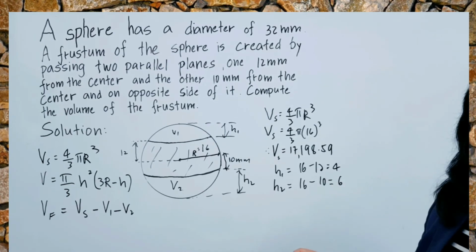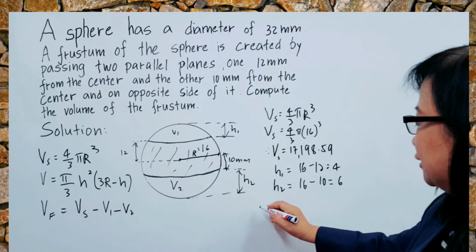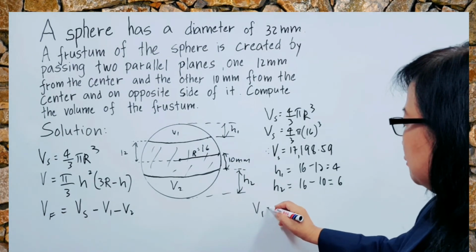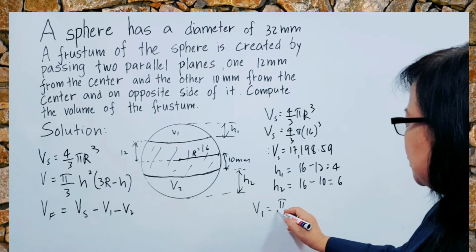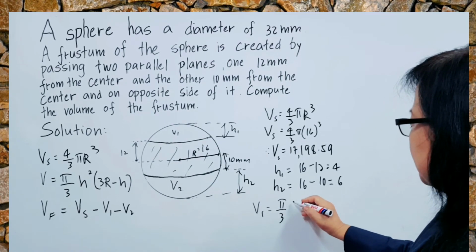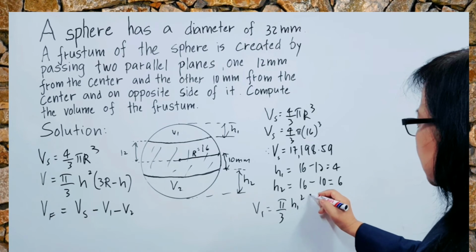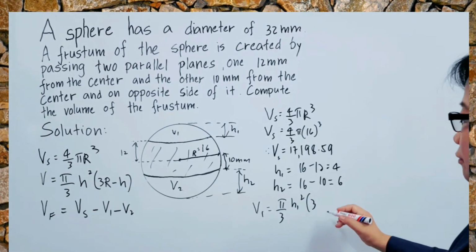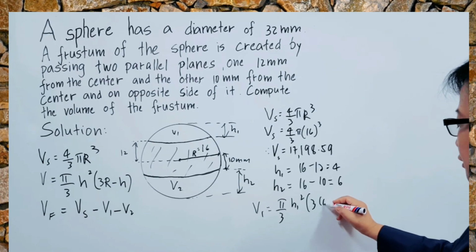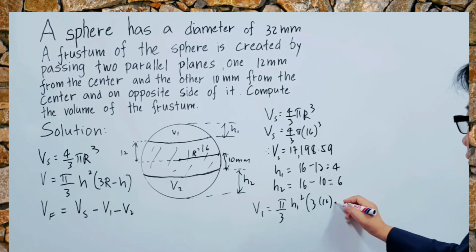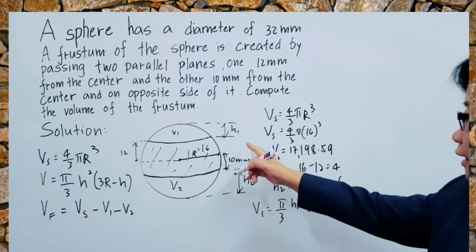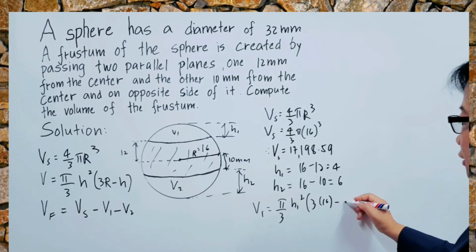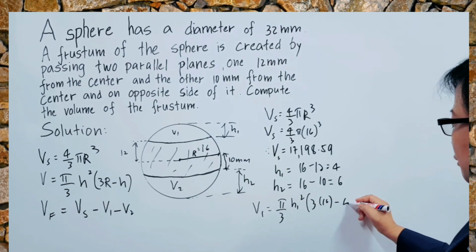Now, from here, we can solve already the volume 1. Volume 1 is equal to pi over 3 times H1 squared times 3 times the R, which is 16, minus the H1, which is equal to 4.